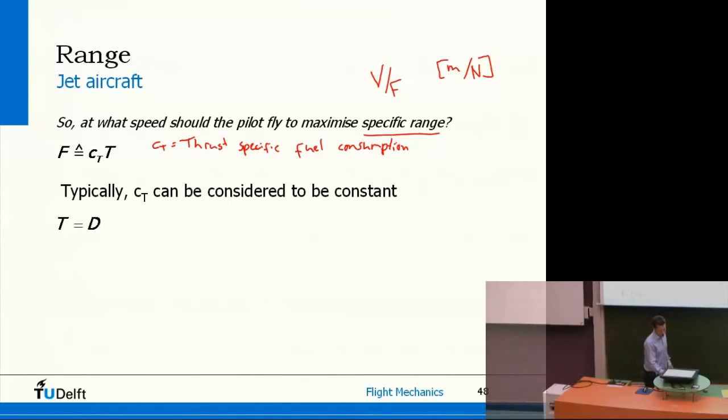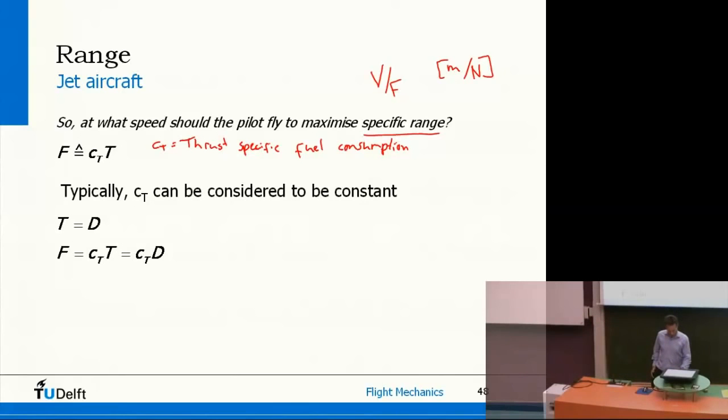So fuel flow is CT times the thrust, so that's also CT times aerodynamic drag. The only thing is, I'm not after fuel flow, I'm looking into specific range, so that's airspeed divided by fuel flow.